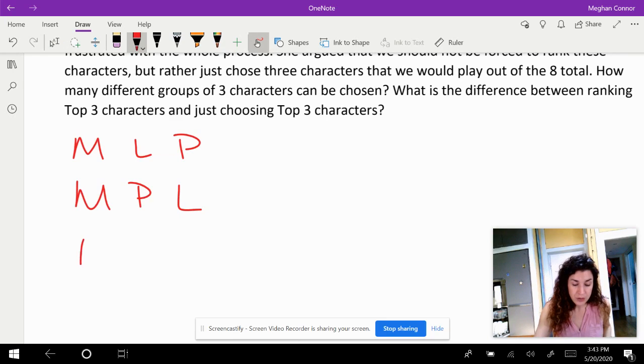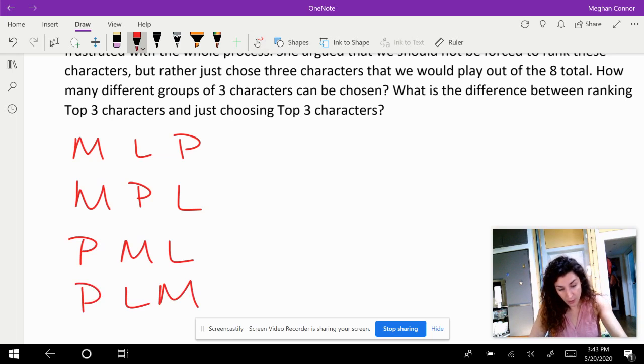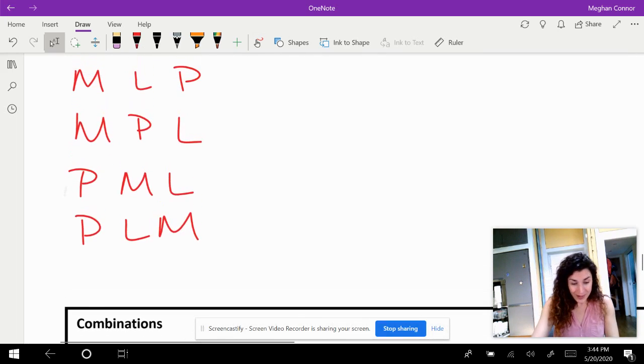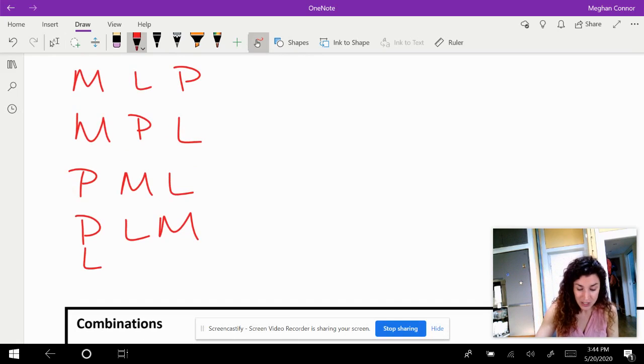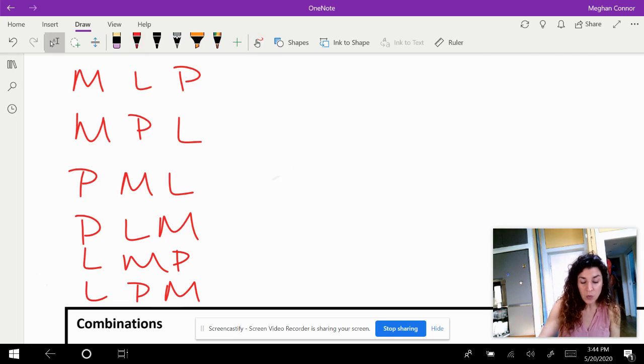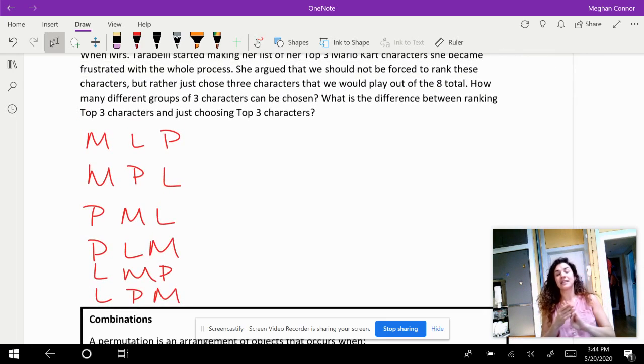Or you could do Peach first, then Mario and then Luigi, or Peach, Luigi, and then Mario. Or you could do Luigi first and then Mario and then Peach, or Luigi, Peach, and then Mario. So with that, it's still the exact same 3 characters. You're just changing which order they move around in, which is first and then second and then third.